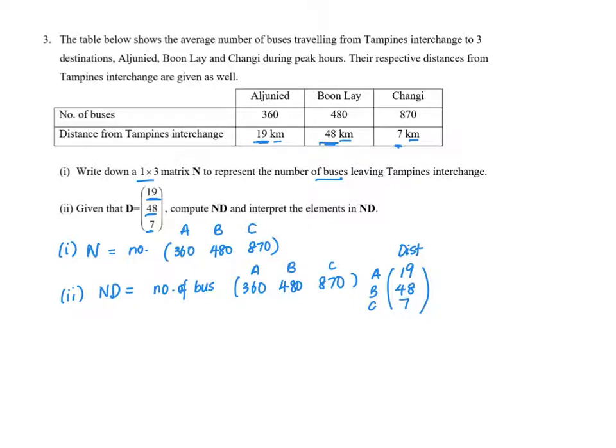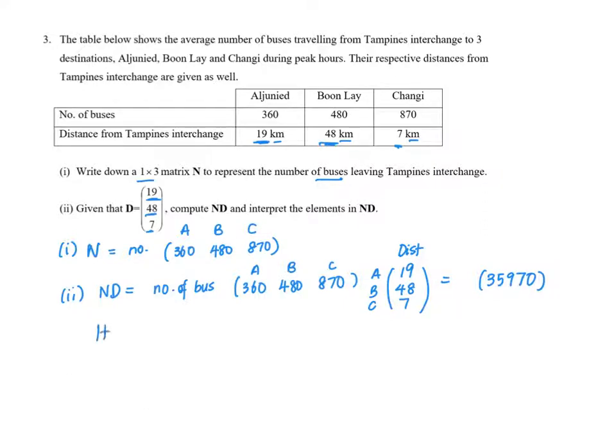In this case, we'll get a 1-by-1 matrix, which is talking about the number of buses that has traveled a total distance. So this matrix is purely talking about the total distance traveled by all the different buses. And that gives us a total of 35970 kilometers.